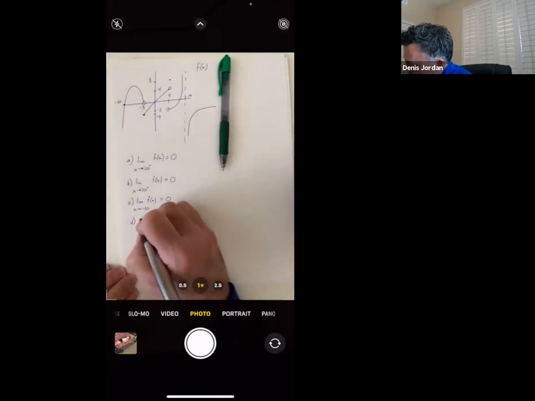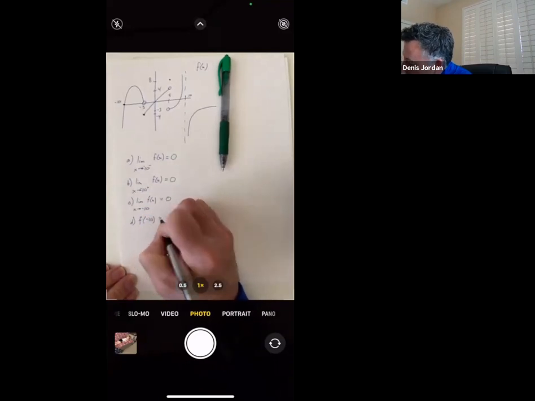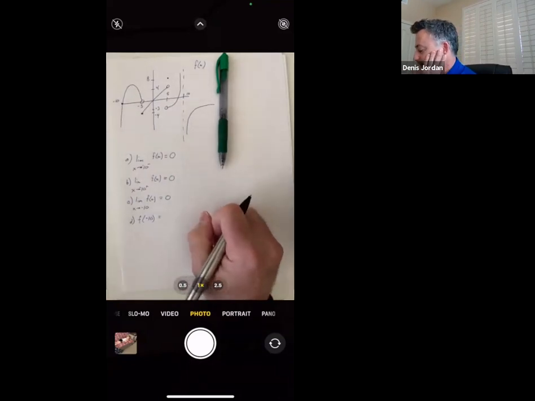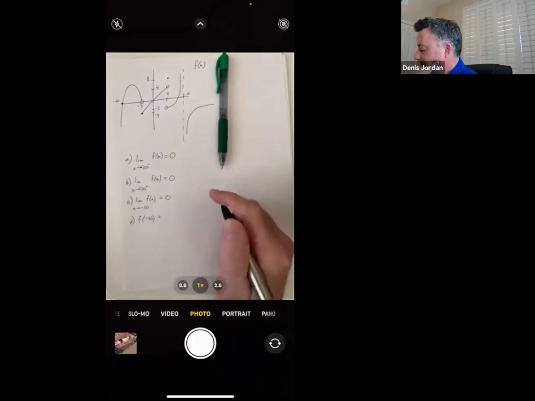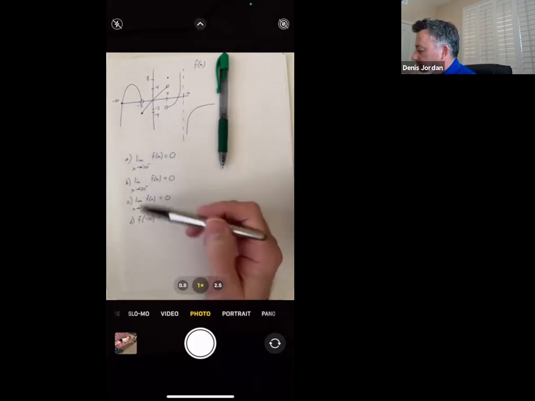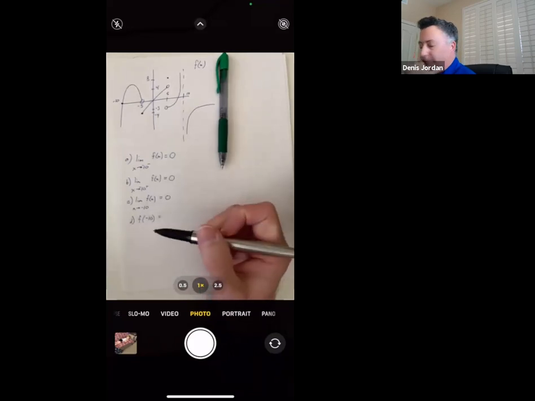Okay, so let's look at actually one more. What's f of negative 10? So we're switching gears just a little bit. The limit value, now we want the function value.